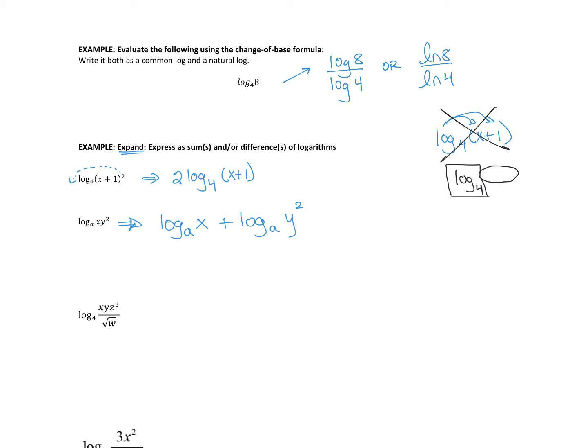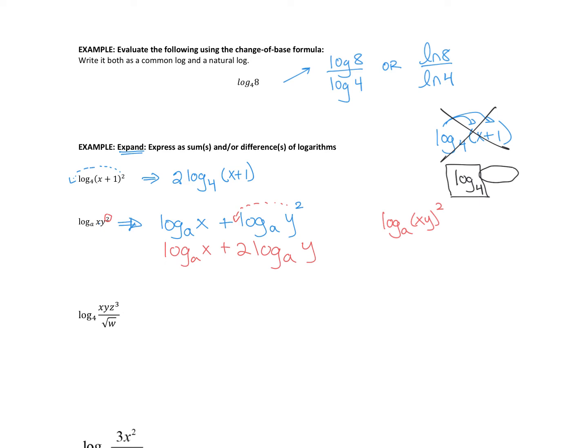And then that 2 will only go in front of the second log, 2 log base a of y. So we couldn't move that 2 initially because it's only on the y. Had it looked like this, log base a of x times y squared, and the 2 applied to both, then we could.